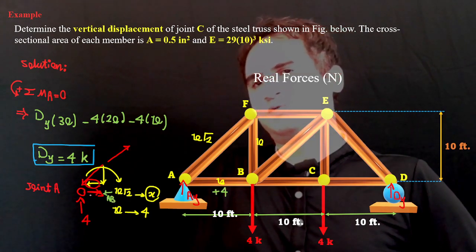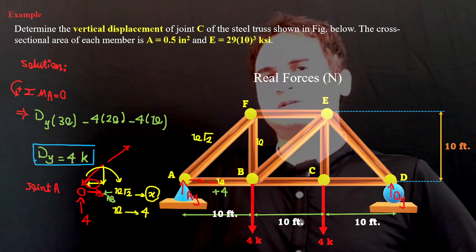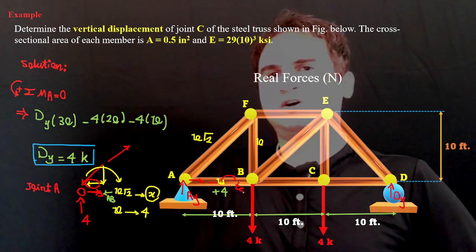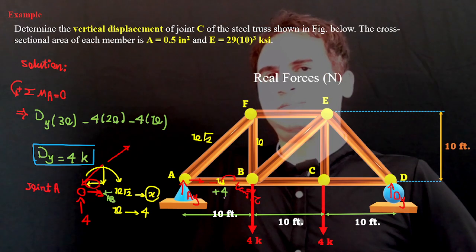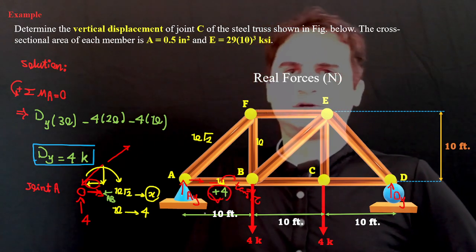And if this force is pulling the joint, it should also pull the member as well. So this is a tensile member and the numeric value is positive 4.